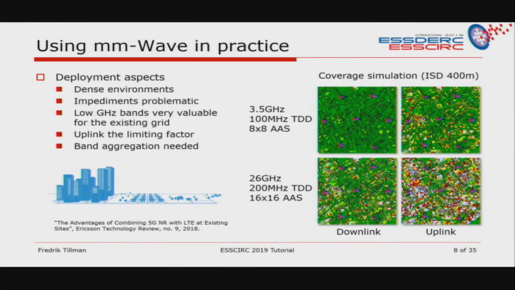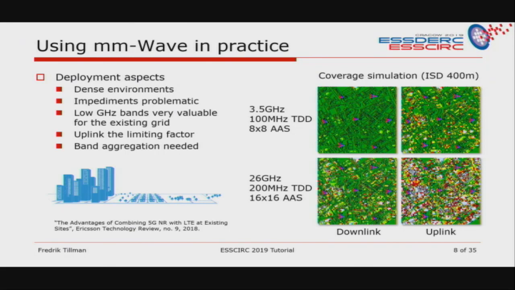And what you can see from this simulation is that the 3.5 gigahertz band is very useful for coverage. We all know we have good propagation characteristics. It works really well. On the other hand, when we go up to millimeter wave, we start to see quite a lot of empty holes there, and especially for the uplink, this is problematic. This connects to that you cannot rely on that band only.